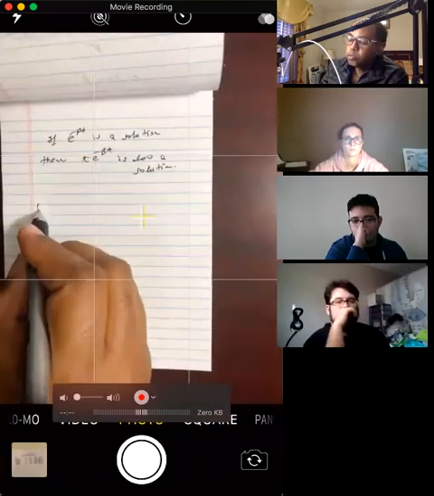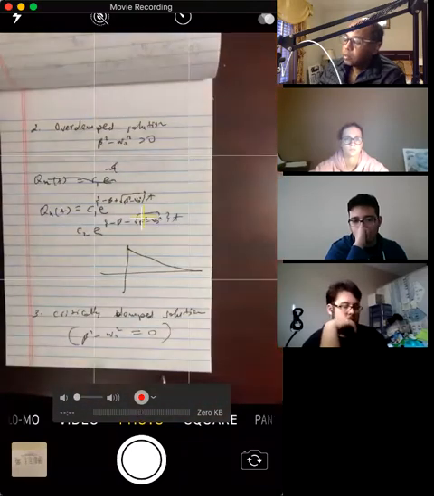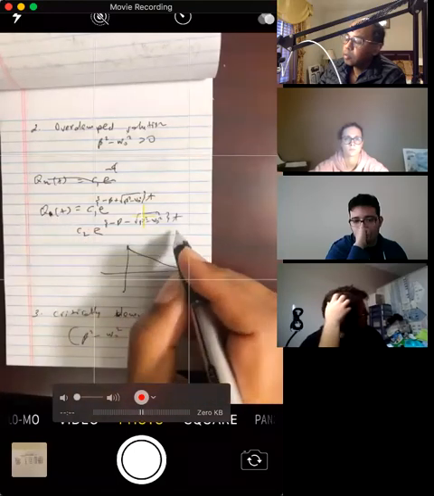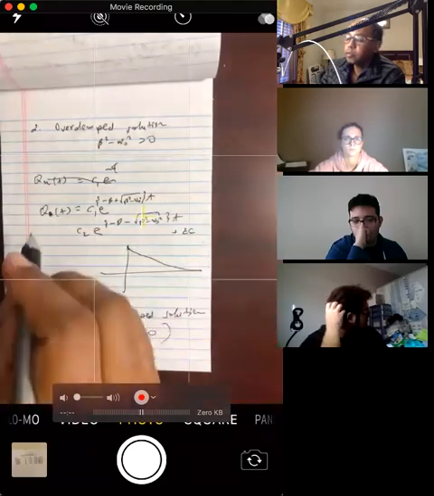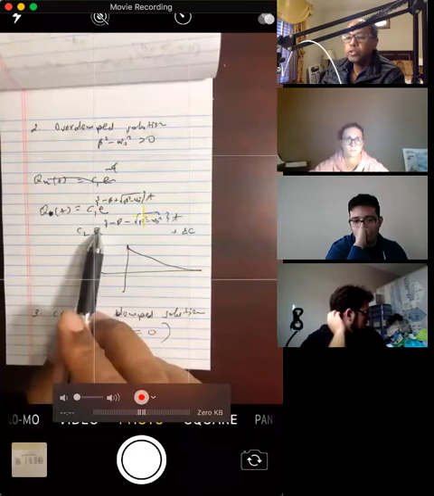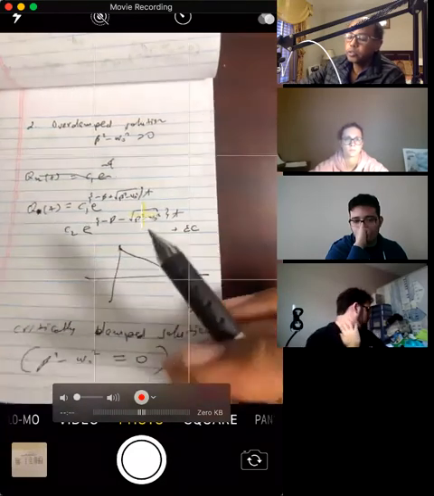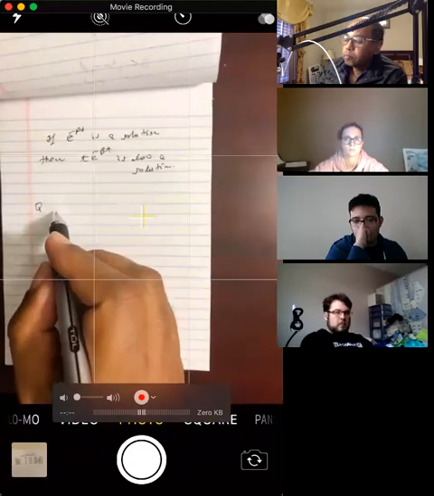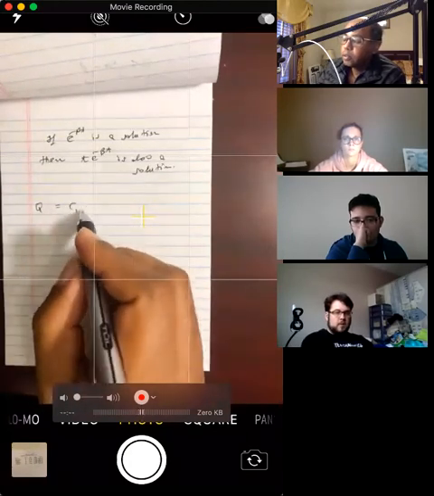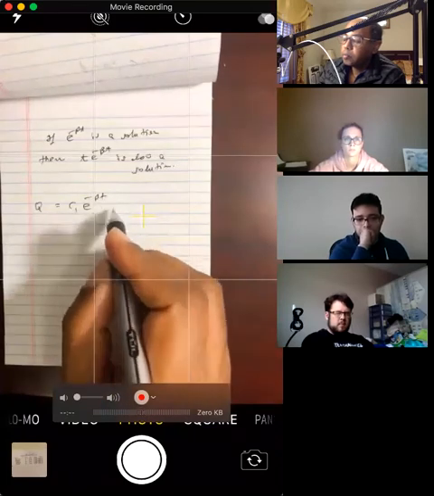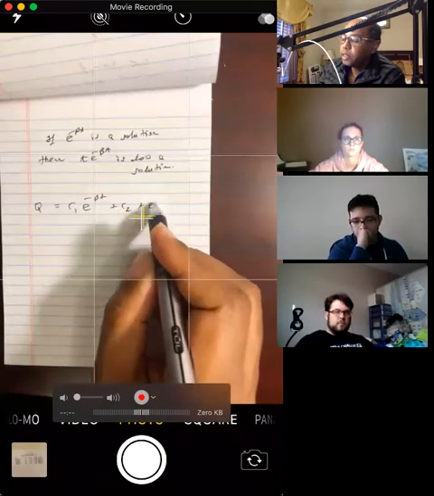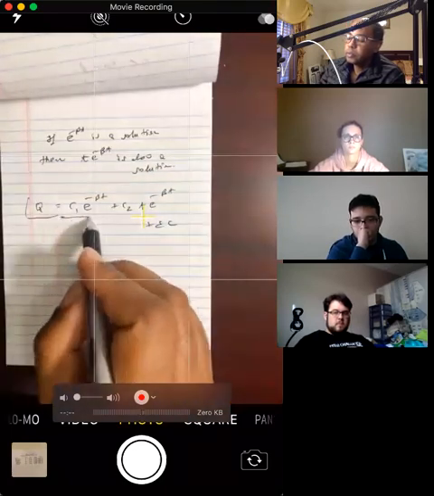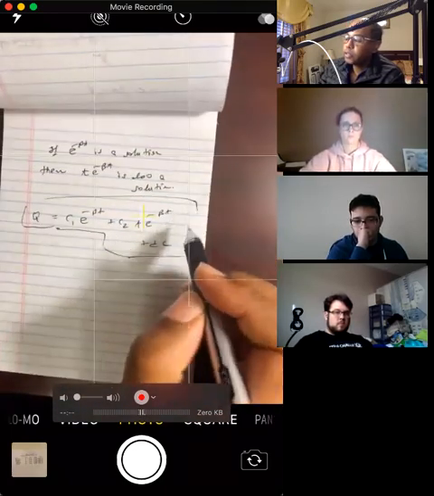So the general solution for this, well, let me make this one a particular solution over here, EC, okay? So this is the solution for the homogeneous equation, and then you add EC over here, it becomes a general solution. And then for this one, it will be C1 E negative beta T plus C2 T E negative beta T, and then plus the particular solution. Okay, so this would be the solution for this differential equation.